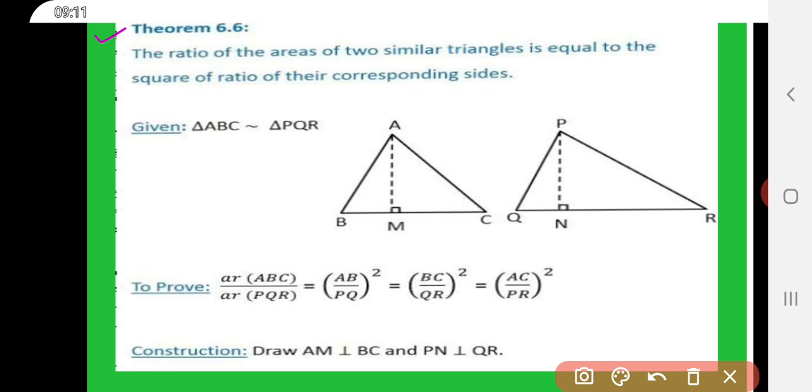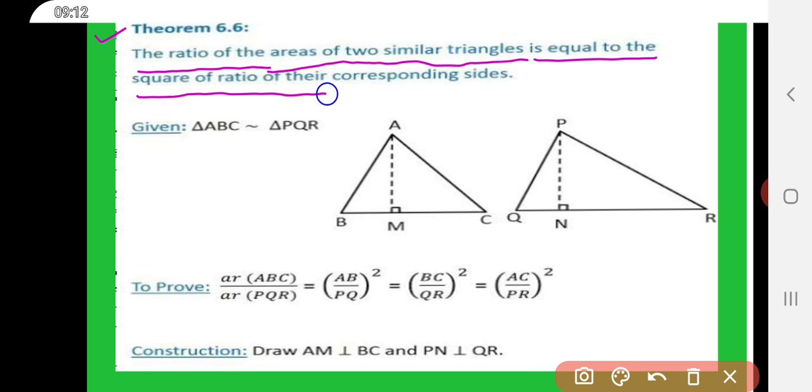Theorem 6.6 states that the ratio of the areas of two similar triangles is equal to the square of the ratio of their corresponding sides.